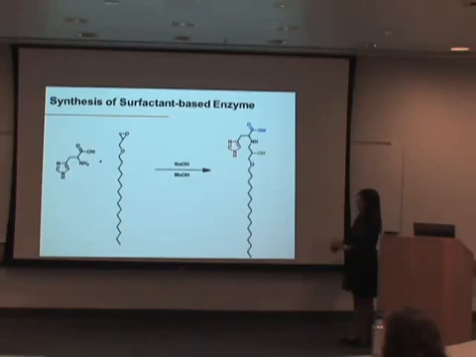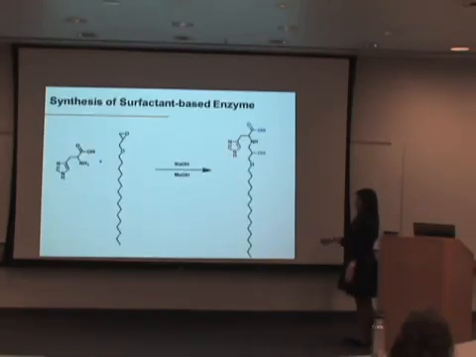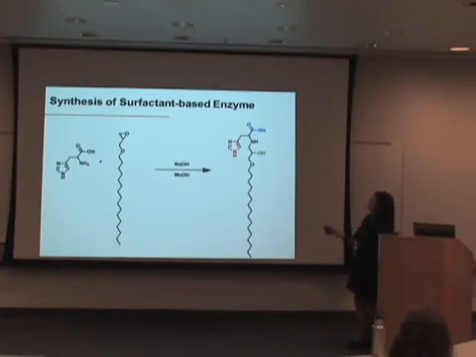So this already, knowing nothing about our enzyme mimic, already looks a lot simpler than this blue crazy structure. So this is our actual surfactant-based enzyme mimic, and then we react these two, the epoxide ring is opened, and then you have your three different functional groups here, which create the catalytic triad.